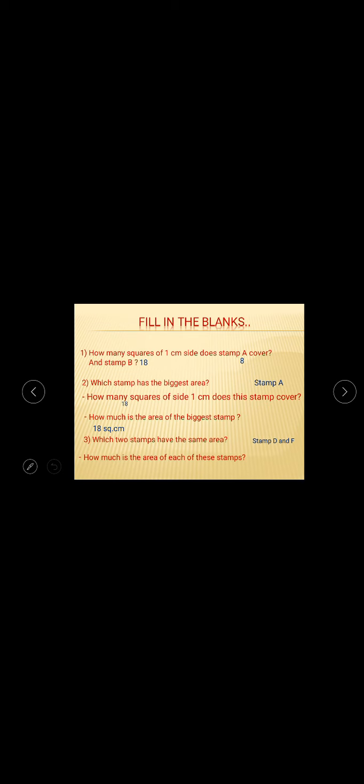How much is the area of each of these stamps? Both have 12 square centimeter. Fourth and the last question is, the area of the smallest stamp is blank square centimeter. The smallest is 4 square centimeter.